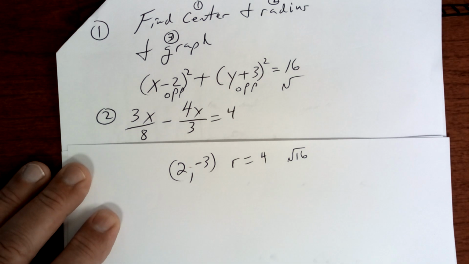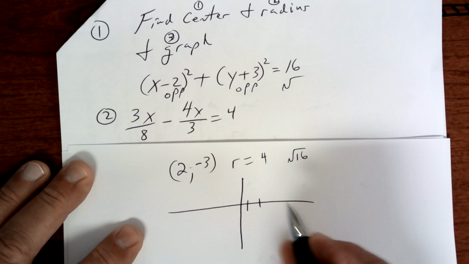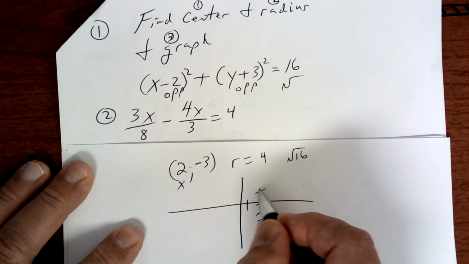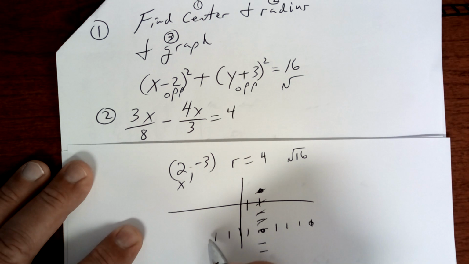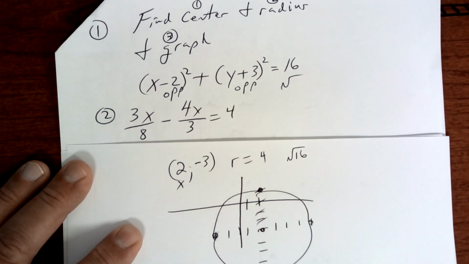To graph it, you go over 2, that's your x, and then down 3. From this point, you go up 4, right 4, down, and over. Then you draw your circle. There it is right there.